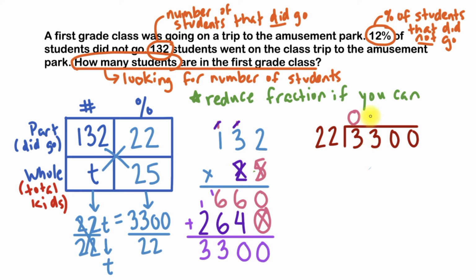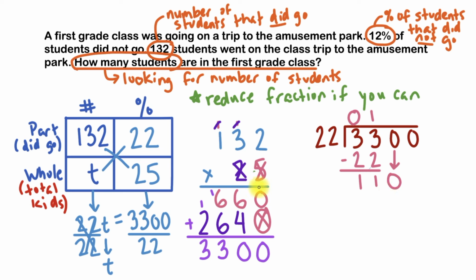Yeah, it can go in 1 time, because 1 times 22 is 22. We'll put that here. When we subtract, we've got 3 minus 2, which is 1, and 3 minus 2 again, which is 1. Once I finish my subtraction, I bring down the next digit, which in this case is 0. So I'll bring down the 0 and divide this value, 110, by 22.